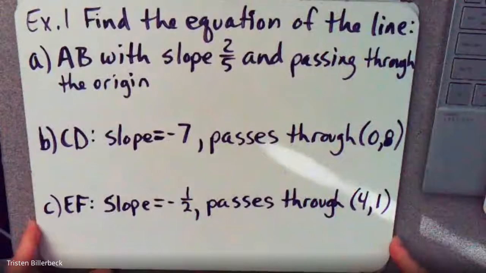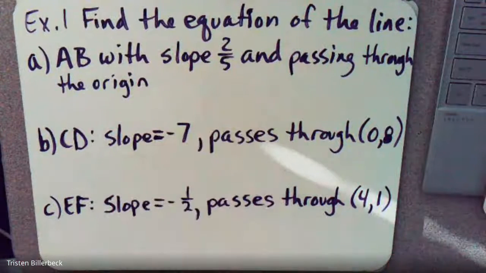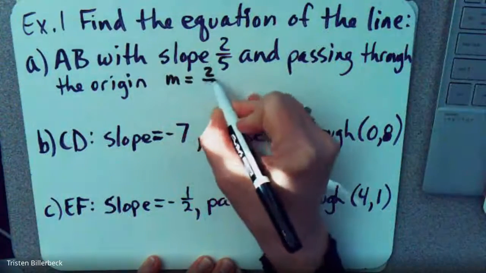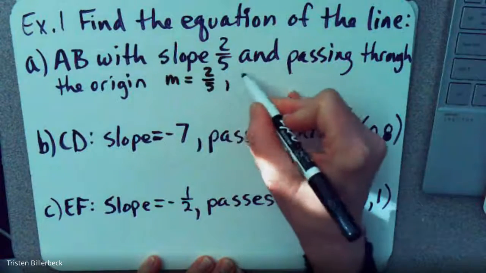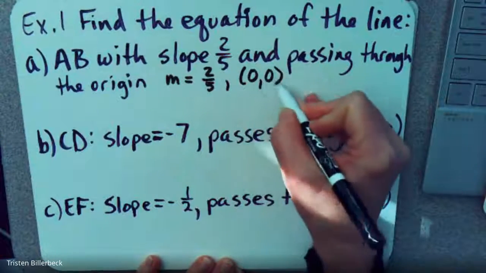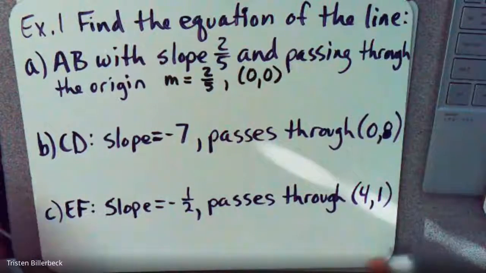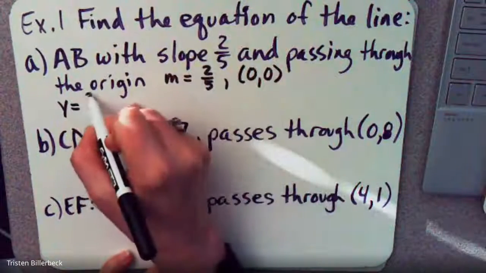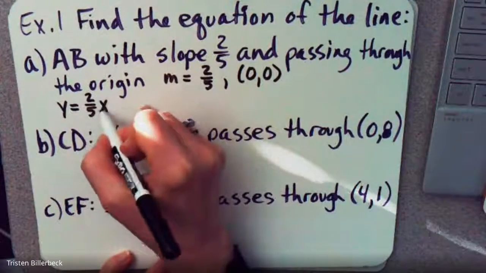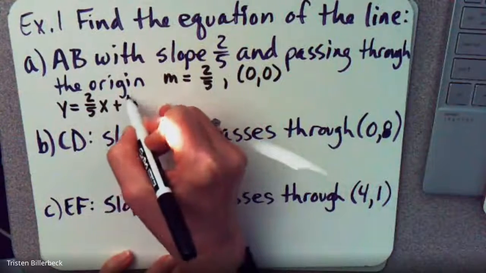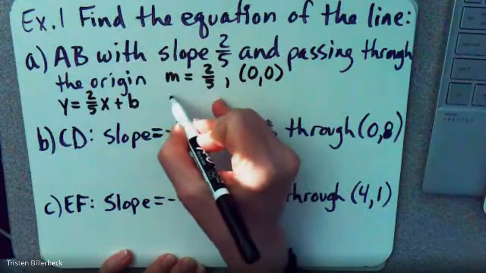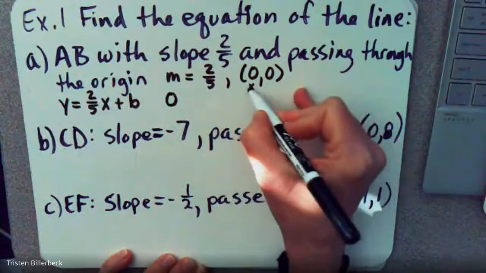Let's find an equation of the line with a slope of 2/5 passing through the origin. We know that the slope m is 2/5, and the other point that we have passing is 0, 0. So that gives us a point x and y. So if we have y equals 2/5 x plus b, and at 0, 0, so y is 0, this is x and y.